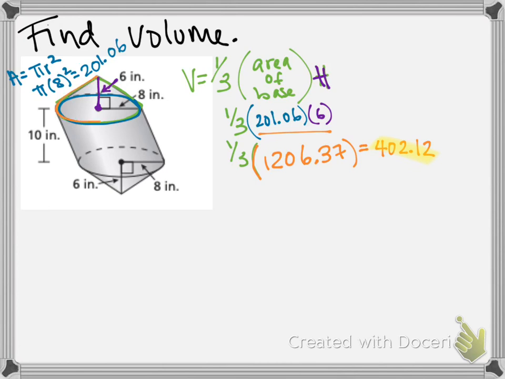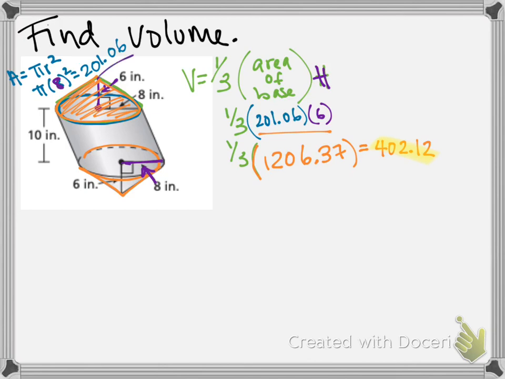This is not the whole answer. This is how much fits in this top portion. So we will move on and figure out what fits. And actually, if you notice, the bottom cone is identical. It's just flipped upside down. It still has a radius of 8, right?